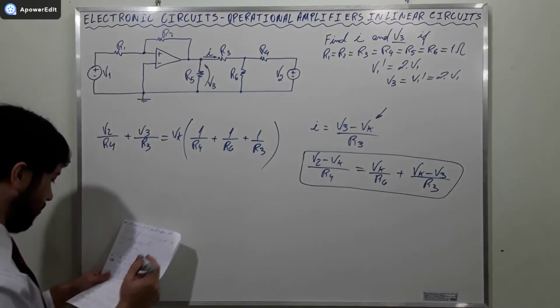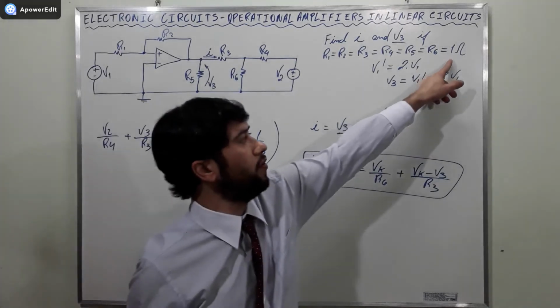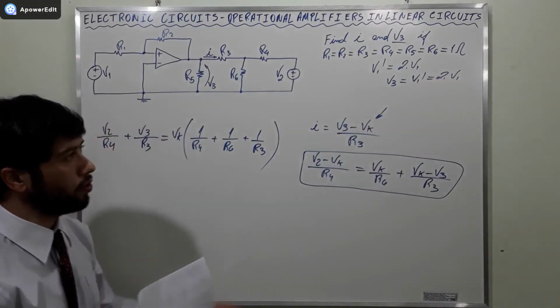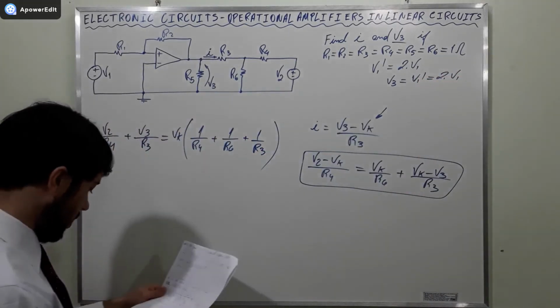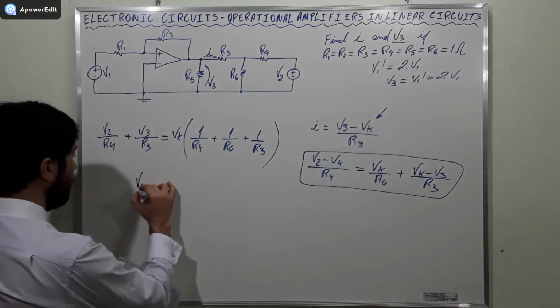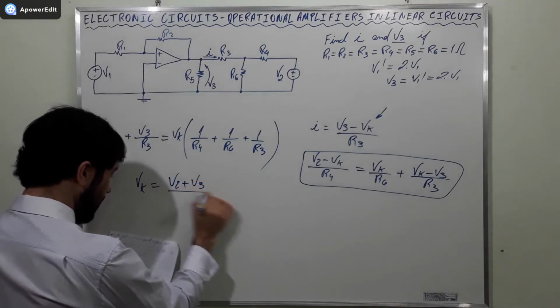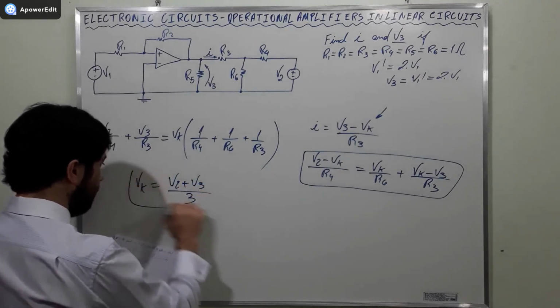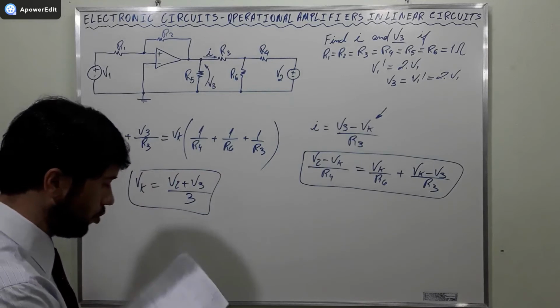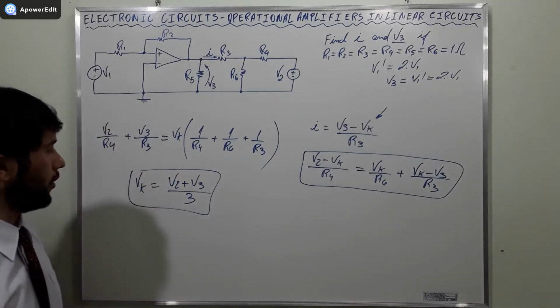By multiplying and finding the least common denominator here, you're going to find the solution. And as the problem says that all the resistances are equal to 1, we can find that Vk is equal to V2 plus V3 divided by 3. This is what we're going to use to calculate everything.